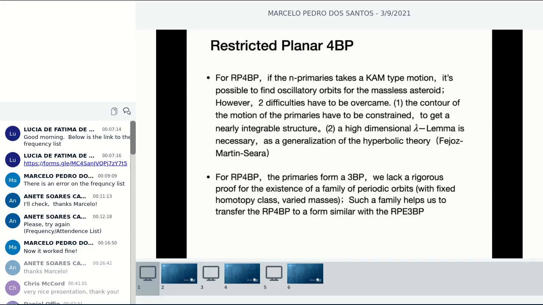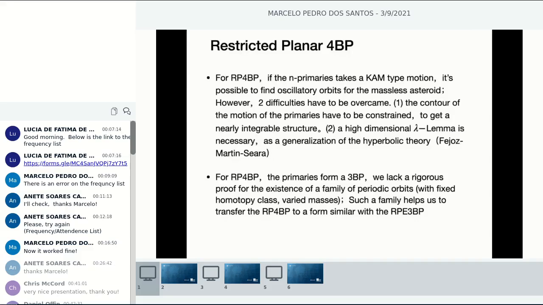Then we can literally consider this case. But for this setting, there are two difficulties to be overcome. The first is that the KAM method relies on control of the motion of the primaries, which has to be constrained in a certain form to get a nearly integrable structure.